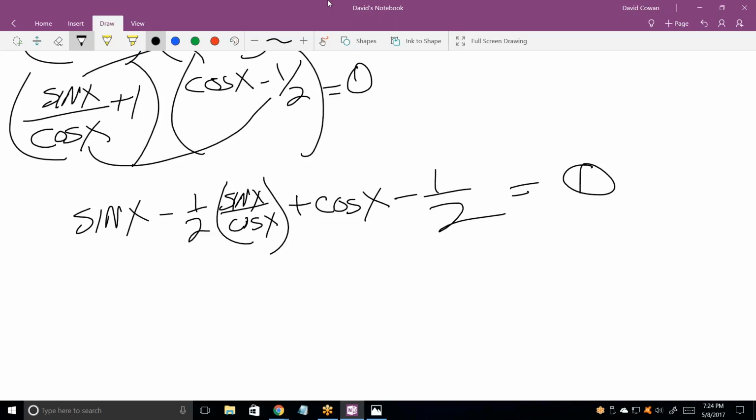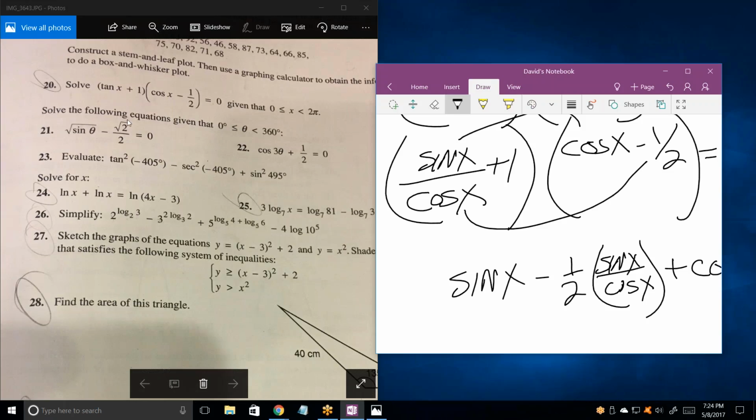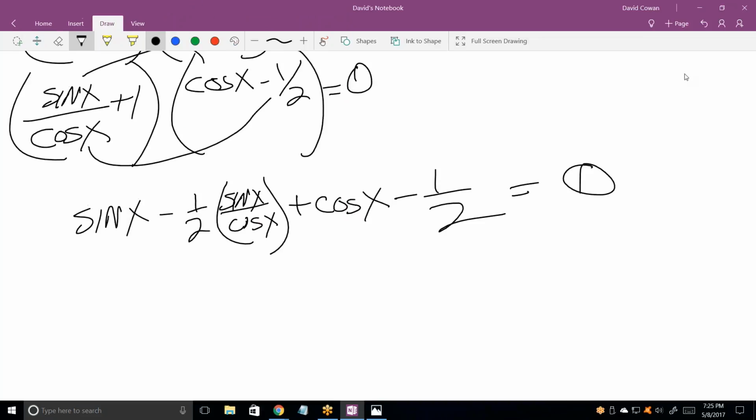Let me go back for a moment. Look at the problem again. Tan x plus 1 times cosine x minus 1/2 equals 0, given that x is between 0 and 2 pi. I love these kind of problems because they're tough. But sometimes they're too tough.